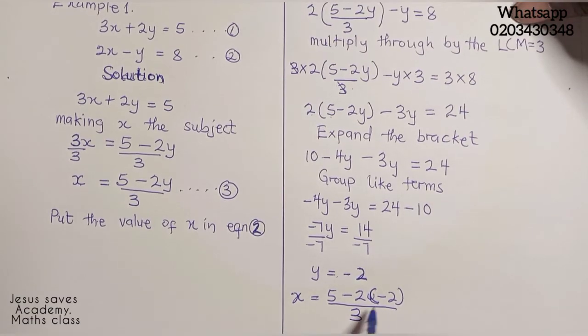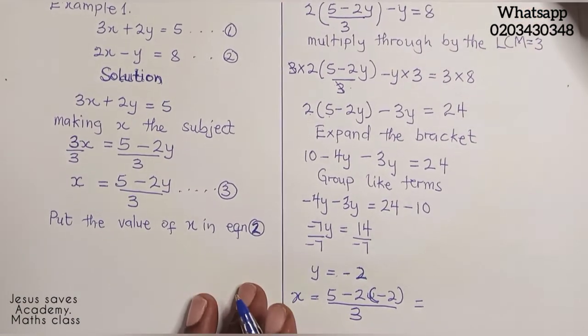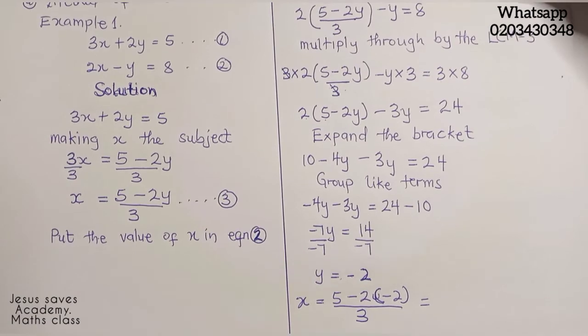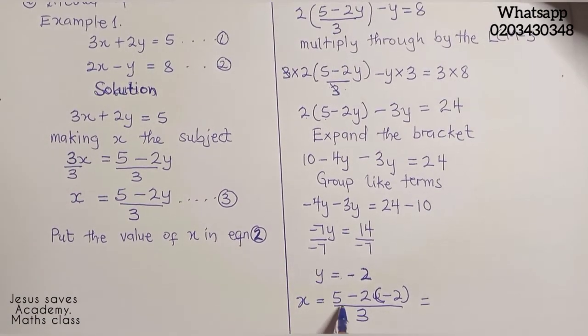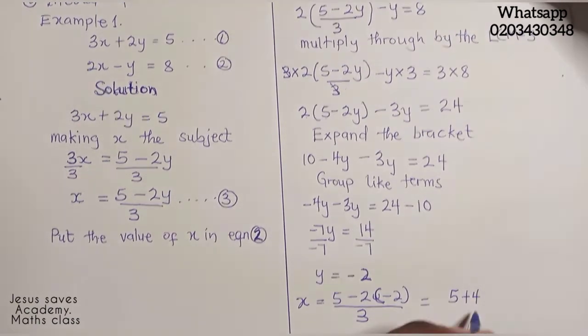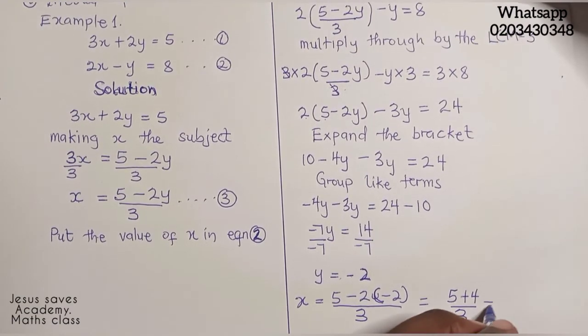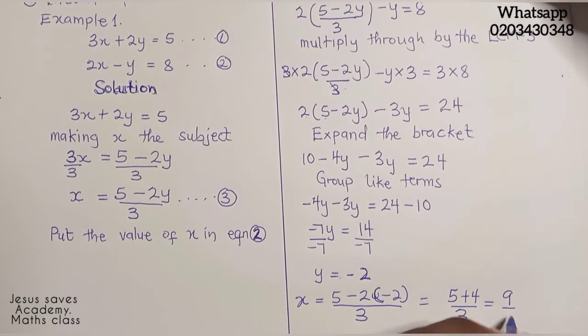When we simplify this one, we have 5 minus, negative 2 times negative 2 gives us positive 4. So this one will be 5 plus 4 all over 3, which is equal to 9 over 3.